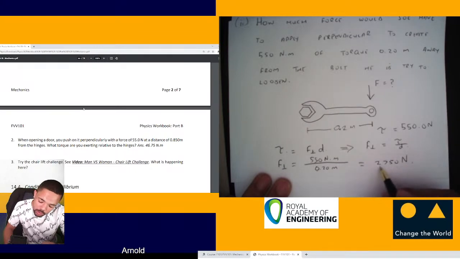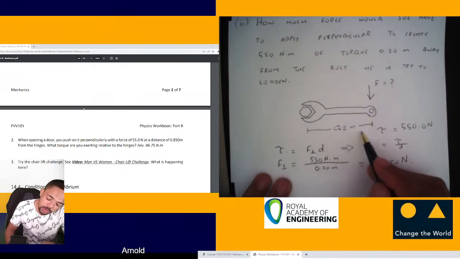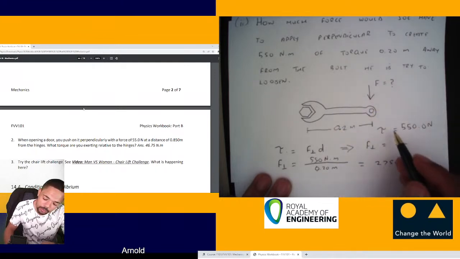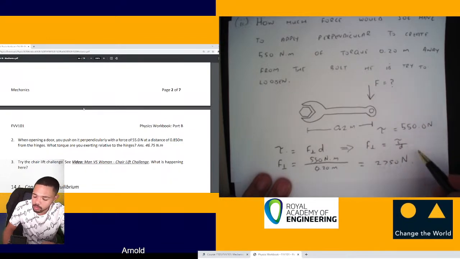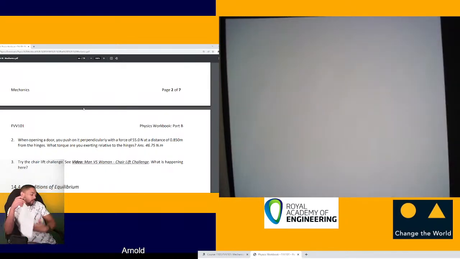So 2,750 newtons of force acting at a distance of 0.2 meters perpendicular to the spanner would bring about a torque of 550 Newton meters. So the problem was in substitution, because now you know the formula for torque.